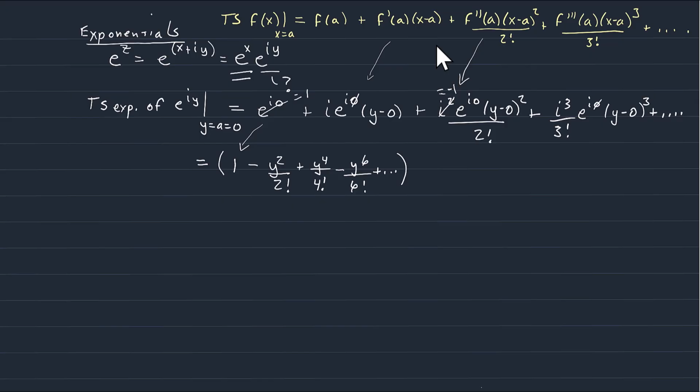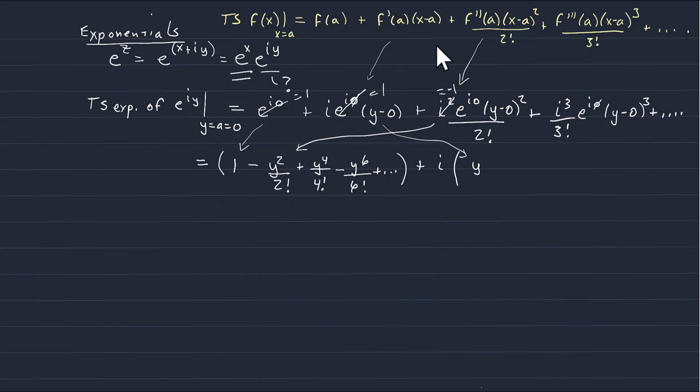The real parts came from this. And then we have the imaginary part. The first imaginary term is this term, and that gives us an i times y.